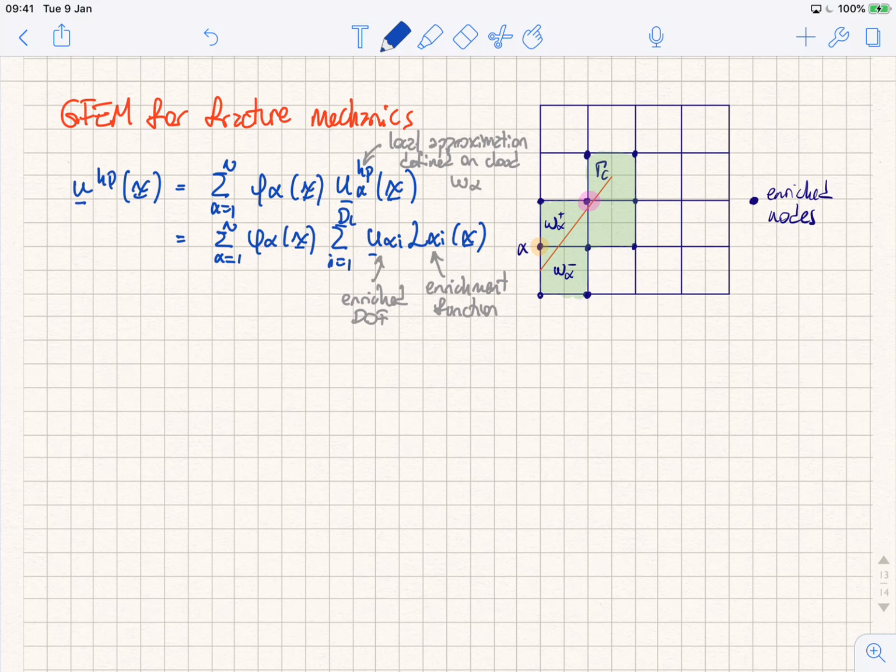Now, something very interesting is that if I actually enrich, let's say, all the nodes of this element here with a Heaviside enrichment, do you think I will be able to reproduce that kinematics of having a jump in the displacement? Again, yes or no?